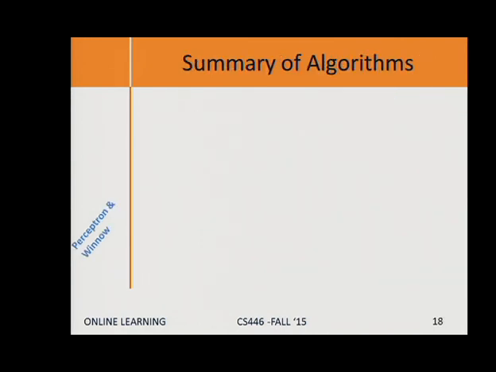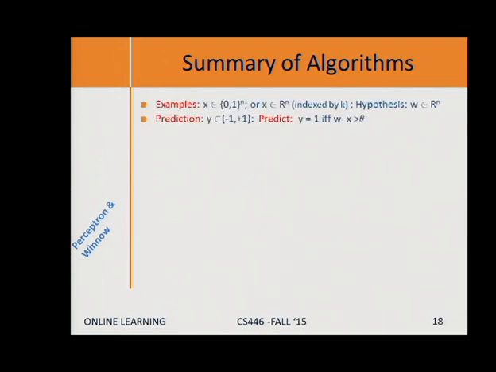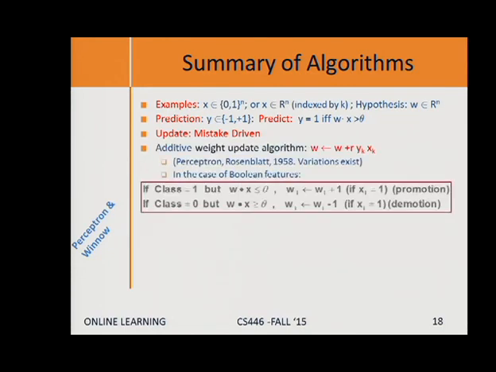OK. Questions about this? So let's just summarize where we are. In both cases, we are playing with examples that are either Boolean or real-valued, even though we argued about Winnow only in the Boolean case, but you can run the algorithm otherwise. It's a mistake-driven algorithm. We have one family of algorithms that is additive.